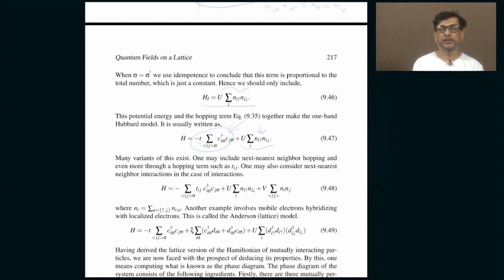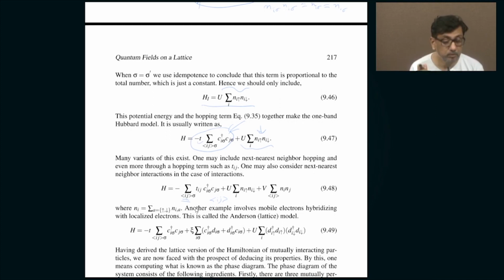You put them back into your analysis, and then the quantity that was identically 0 because of those oversimplifying assumptions is now going to be non-zero. So, that is the reason why it is important to consider those possibilities. In addition to this, remember what I told you about the angular brackets. Angular bracket ij is a standard notation in the tight binding picture. What it means is i and j are nearest neighbors.